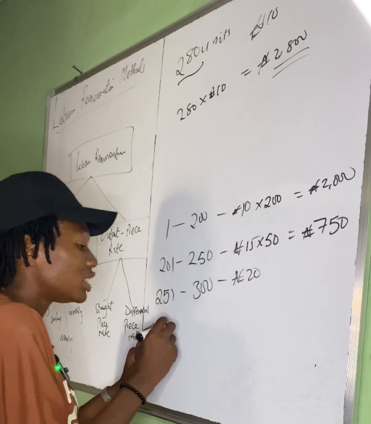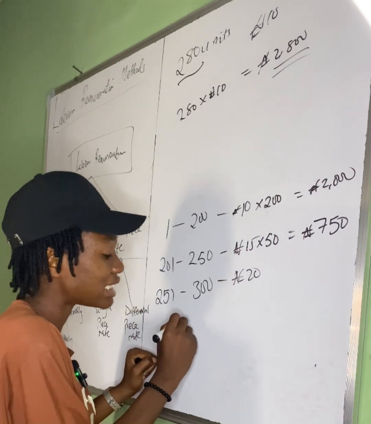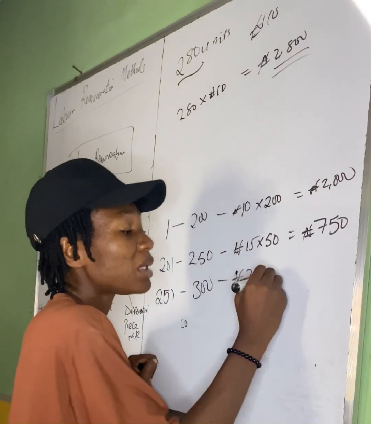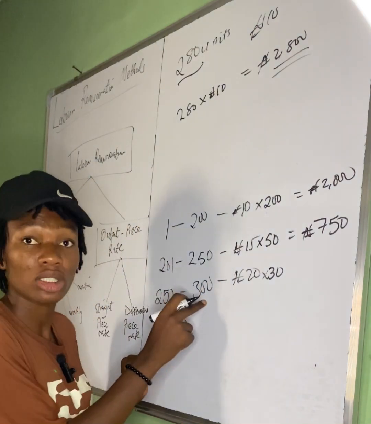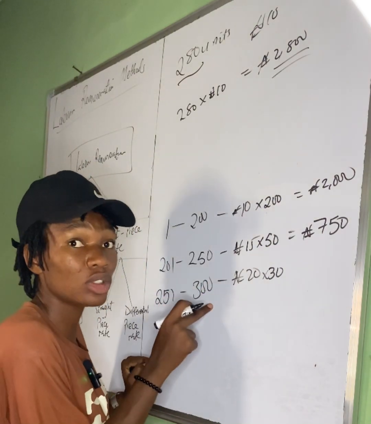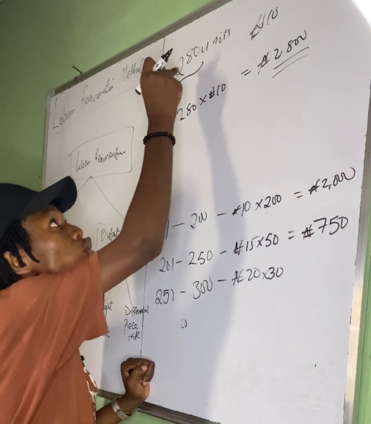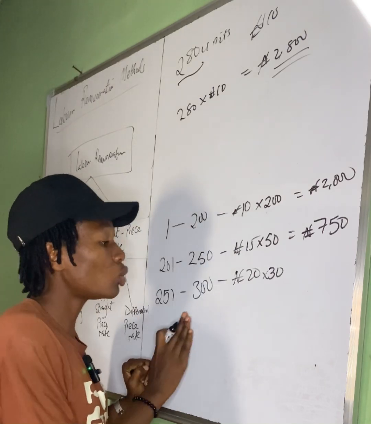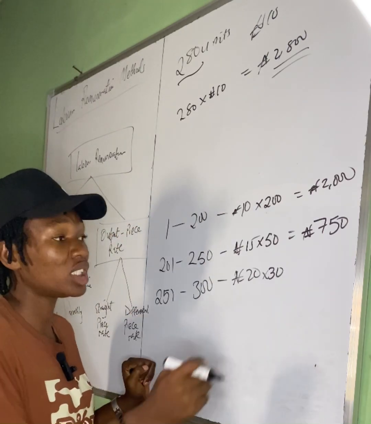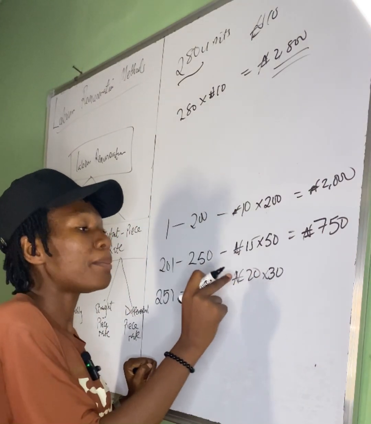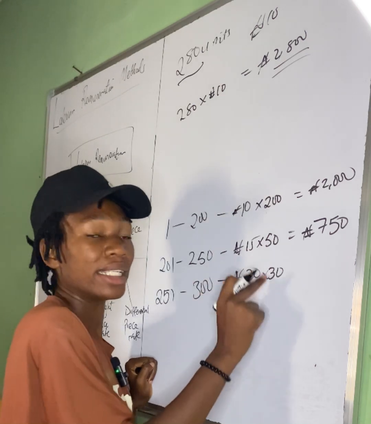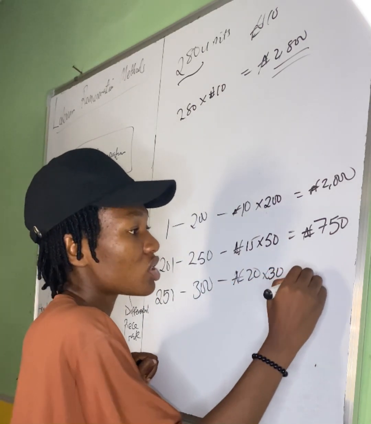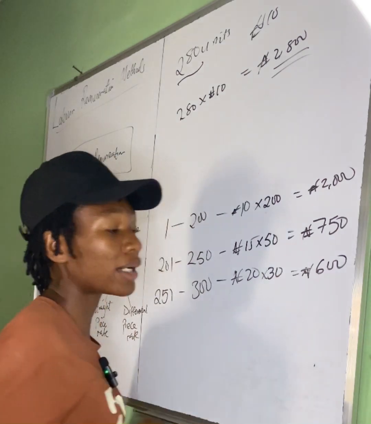That's 30 units, so we are multiplying by 30, no longer 50. The total interval here is 50 units, but this worker did not produce up to 300 units, so we'll only be calculating for what he produced, which is 30 units. And then we are paying him 20 naira times 30 units, giving us 600 naira.